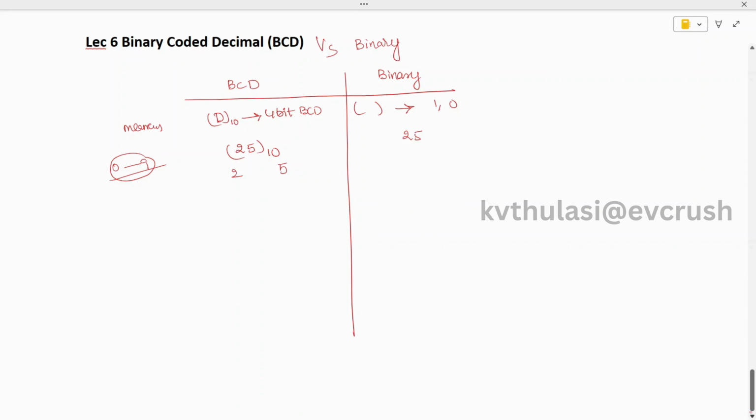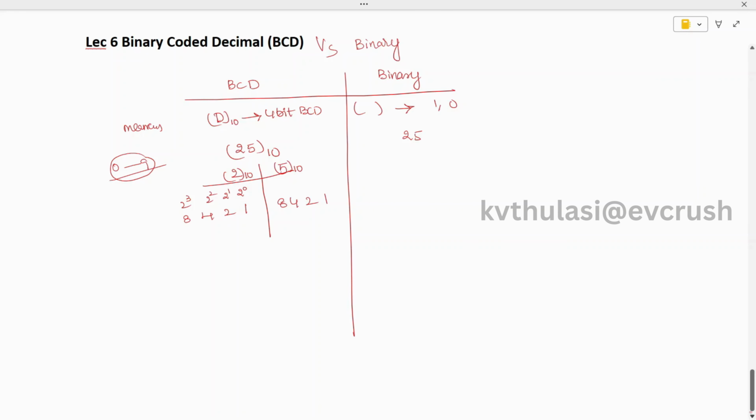Here 2 is one decimal number and 5 is also one decimal number. When you write the 4-bit code for each, using 2 to the power 0, 2 to the power 1, 2 to the power 2 and 2 to the power 3, you get weights 8, 4, 2, 1.